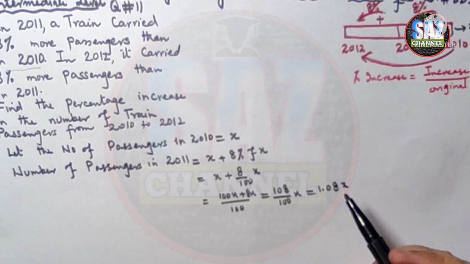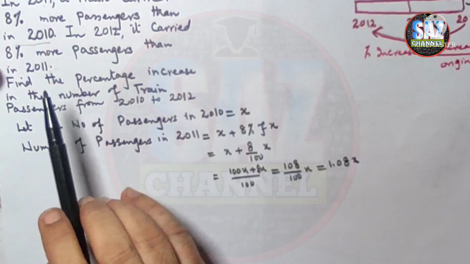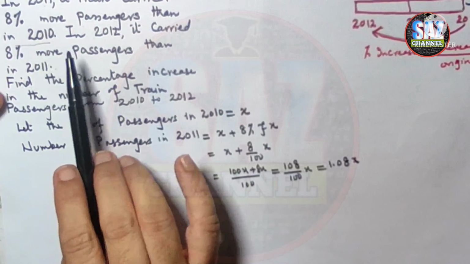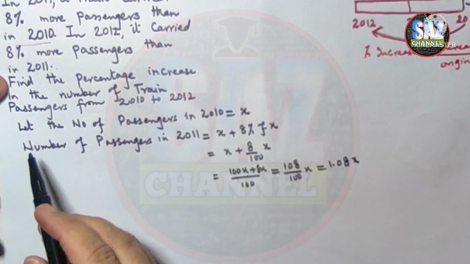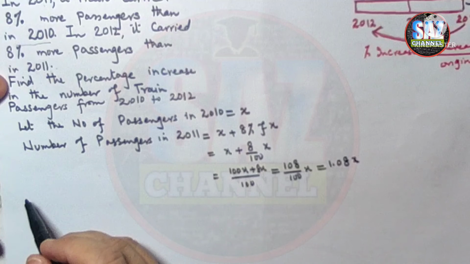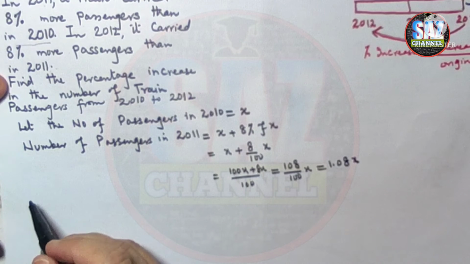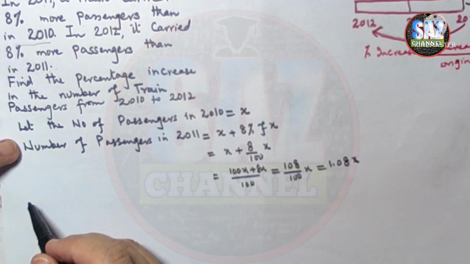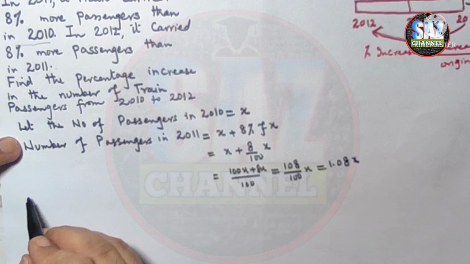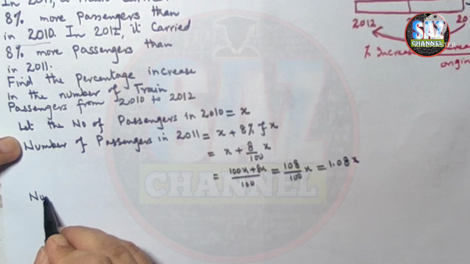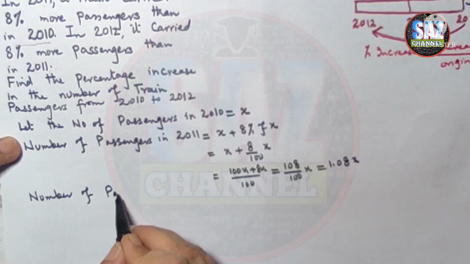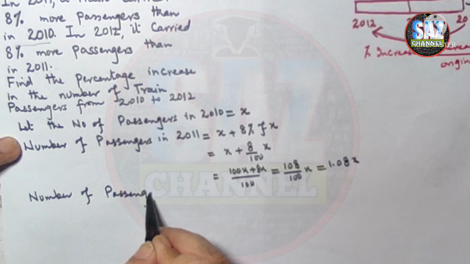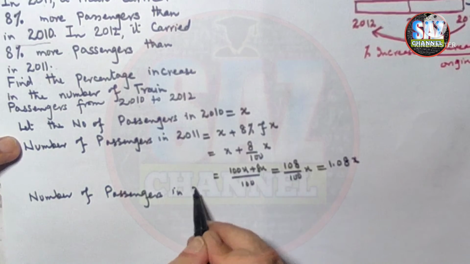Now the information says that the train in 2012 carries 8% more passengers than in 2011. So we have to find the 8% increase of the number of passengers of 2011. So the number of passengers in 2012.